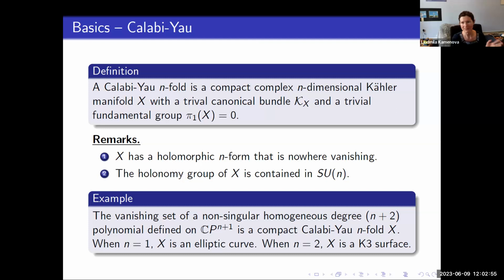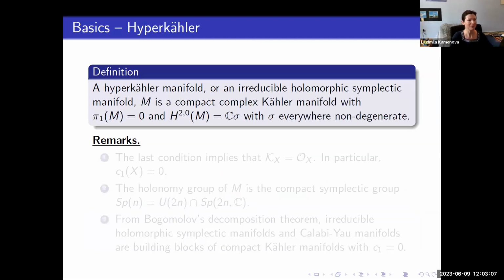And because this study was motivated by the hyperkähler case, I also talk about the hyperkähler case a little bit and see what the differences are. A hyperkähler manifold is basically a Calabi-Yau manifold together with an everywhere non-degenerate 2-0 form.